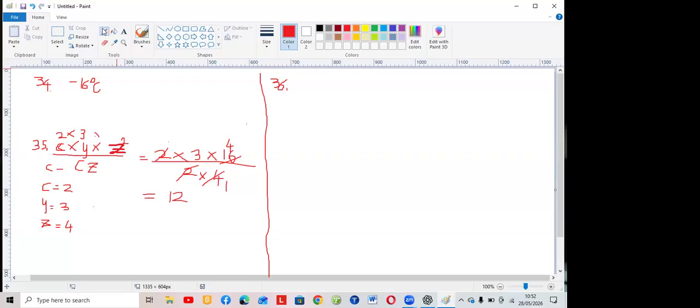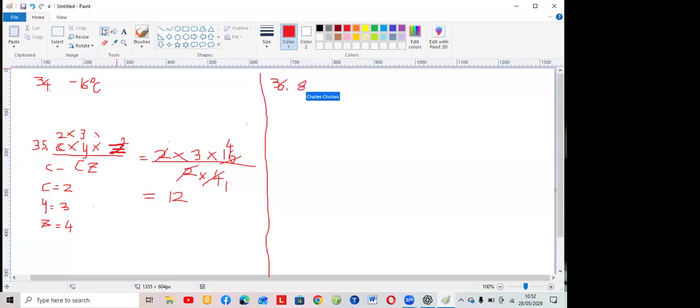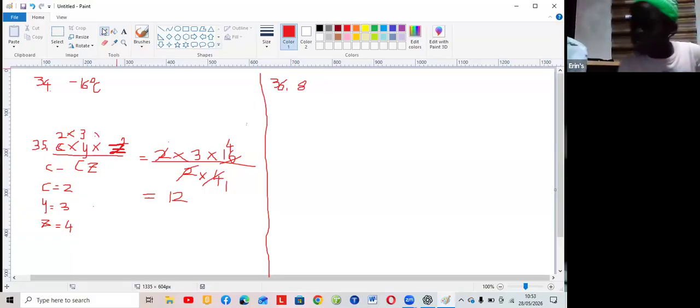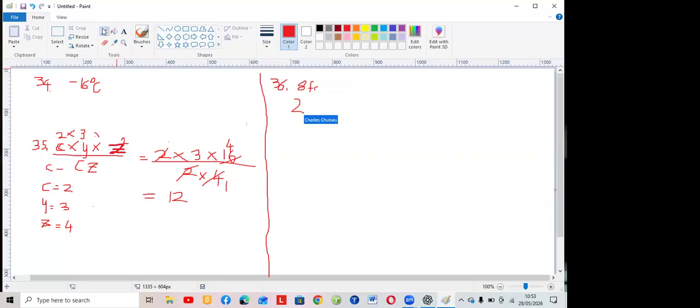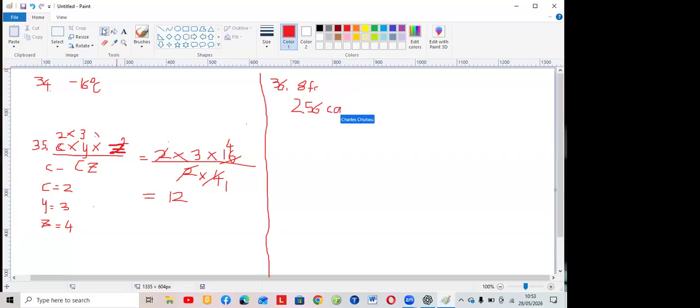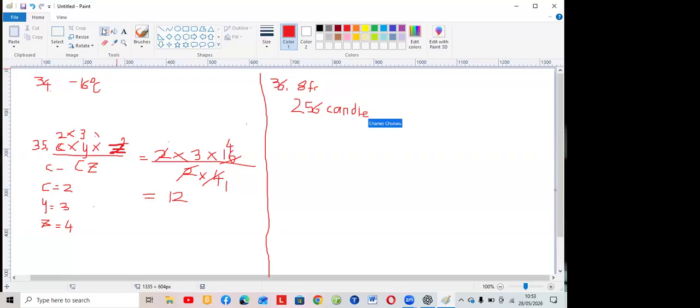Okay, number 36. It says, a group of 8 friends shared 256 pieces of candy equally.